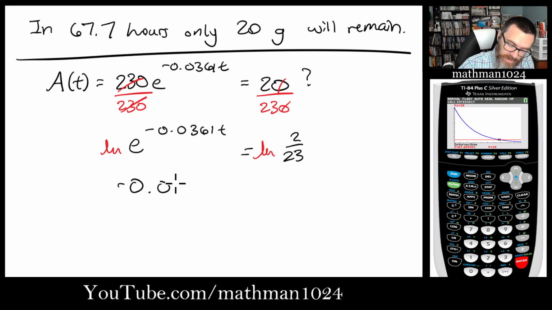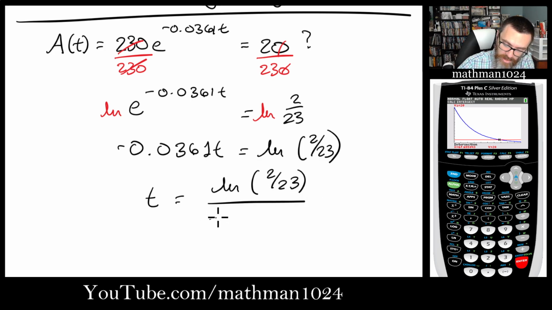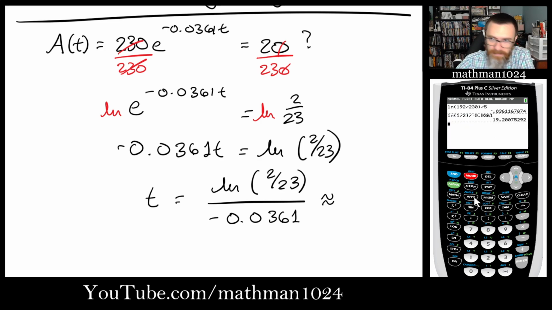So negative 0.0361t, and we divide both sides by that coefficient, so over negative 0.0361. So this is the algebra. Again, we're going to have to use a calculator in order to do the actual calculation. So natural log of 2 over 23.